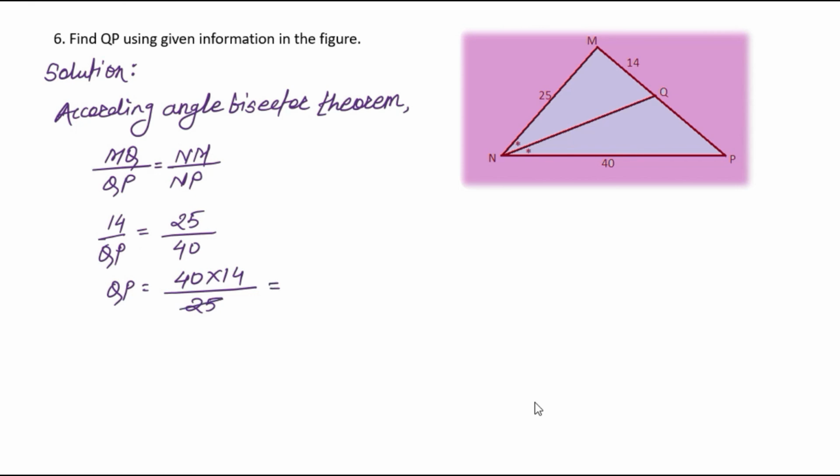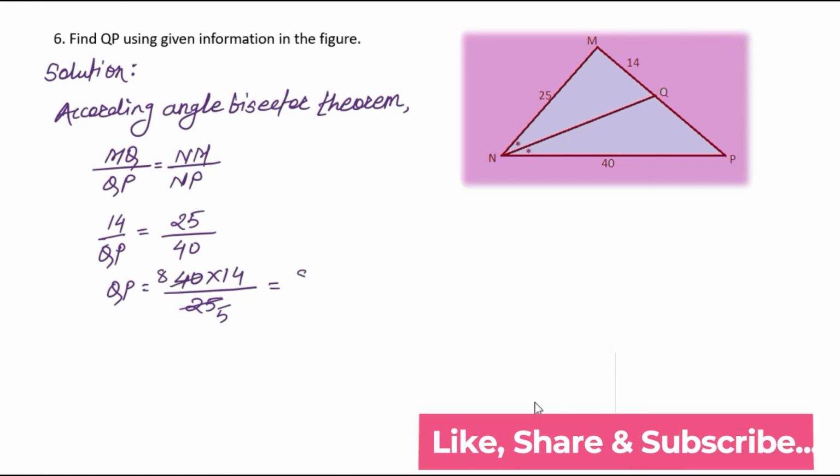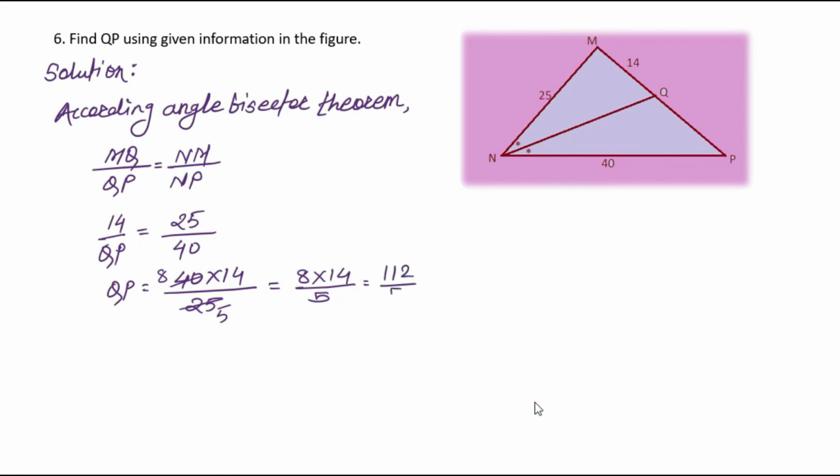So 5 5s are 25 and 5 8s are 40. So 8 into 14 upon 5. So 14 8s are 112 upon 5, and finally QP will be 22.4 units. This is the answer for this question.